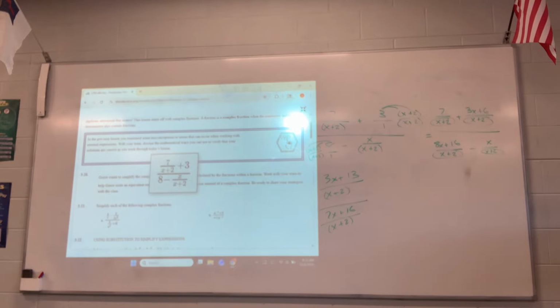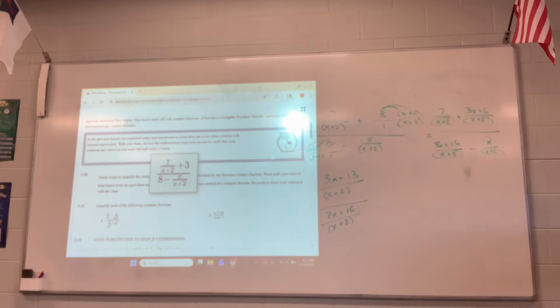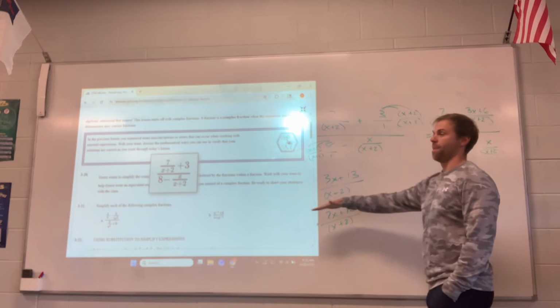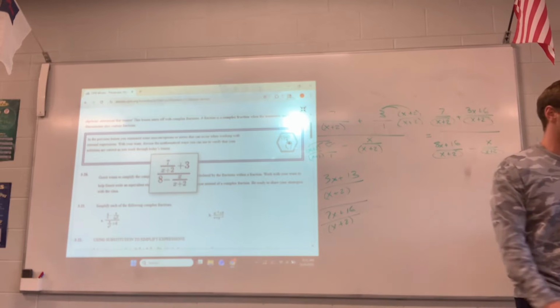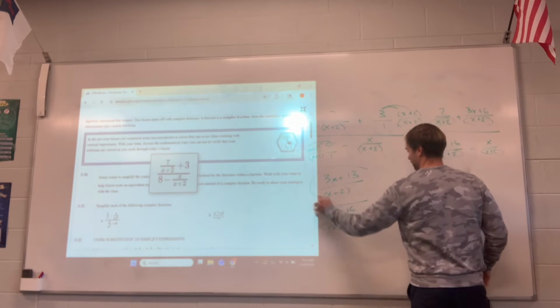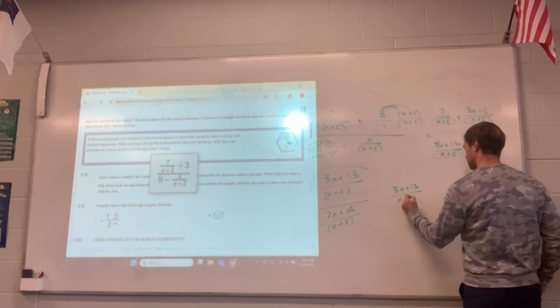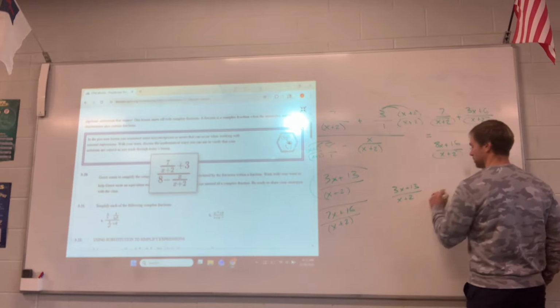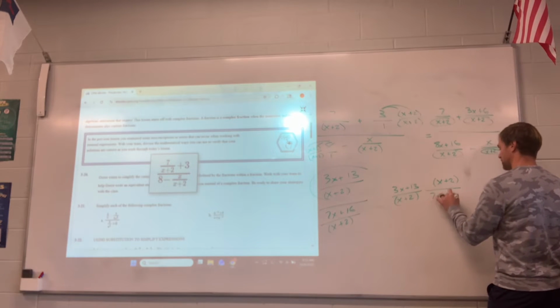Okay? Did we get rid of this craziness? Yes, right? But now what do we have? Still have a fraction divided by a fraction. What do we need to do? So this will stay the same, 3x plus 13 over x plus 2, times the reciprocal, x plus 2 over 7x plus 16.